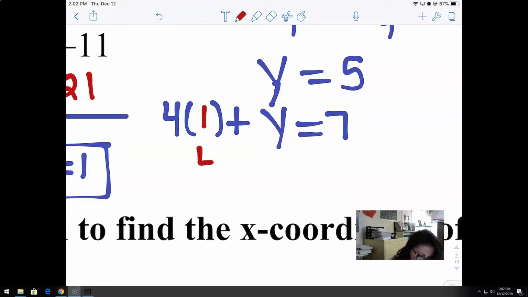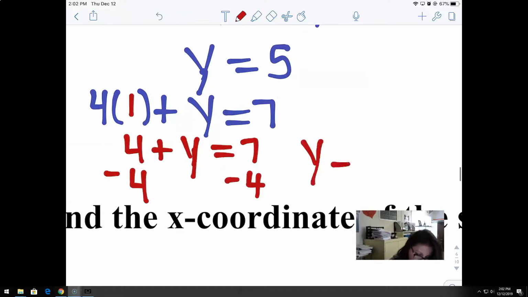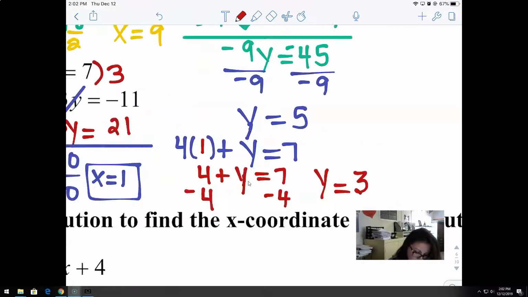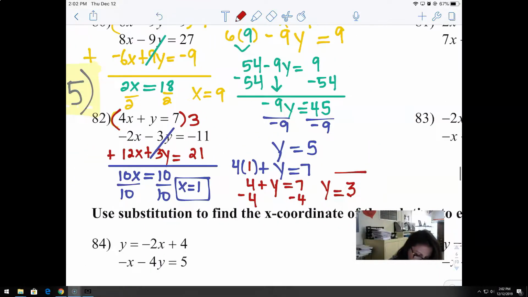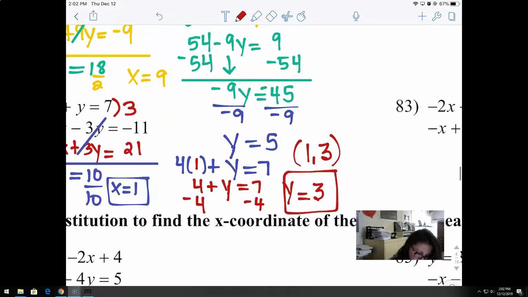So 4 times 1 is 4, plus y equals 7. Subtract 4 on each side to get y equals 7 minus 4, which is 3. So my solution here is when x is 1, y is 3.